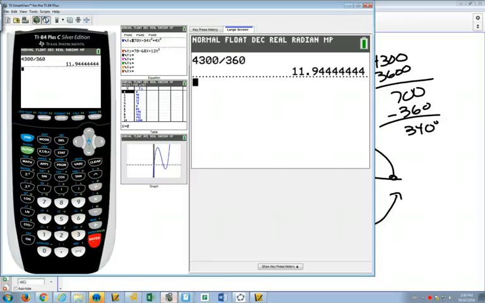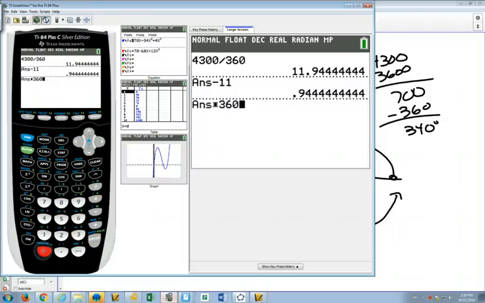We got that 11.944. If I just want the 0.944, can you see that I could just subtract 11? That'll give me just the 0.944. If I multiply that by 360, it gives us exactly 340, because that's the percentage of the whole that that angle would be. So that's using your calculator.